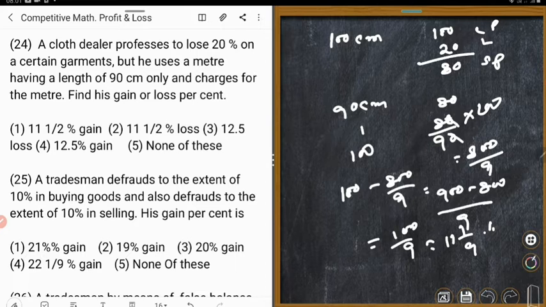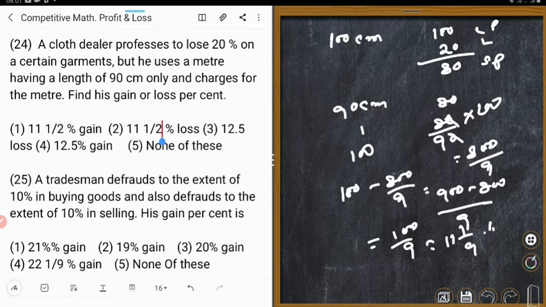Which is correct? Number 2. Yes, it is 2. By mistake, it was written differently. Okay, done. Which is correct? Number 2.